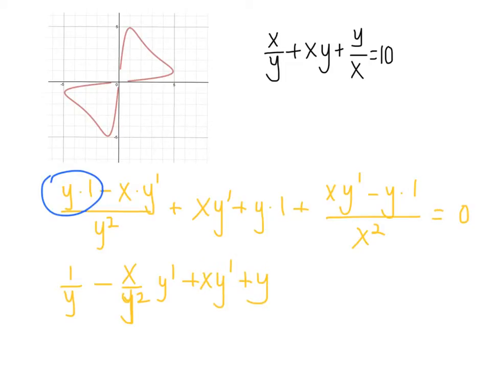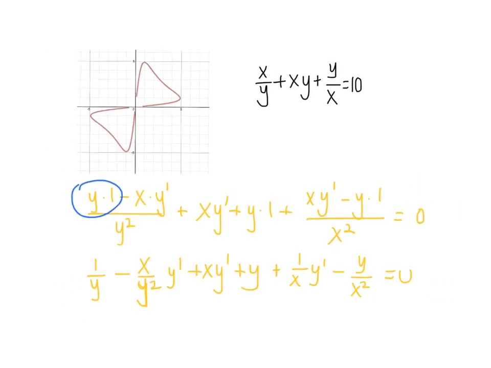And this is why dy dx's are nice to use, because if you use the prime, sometimes they get confused with 1s. Plus 1 over x y prime minus y over x squared equals 0.